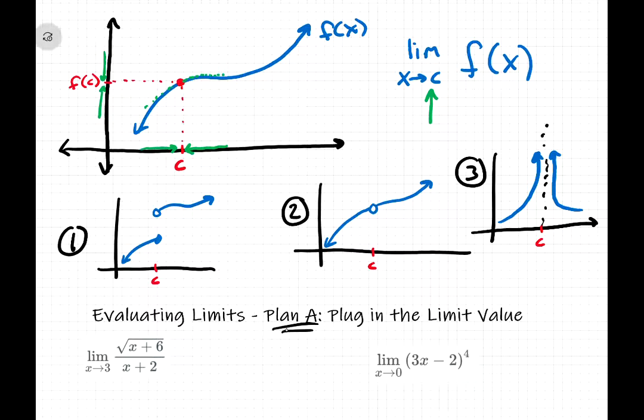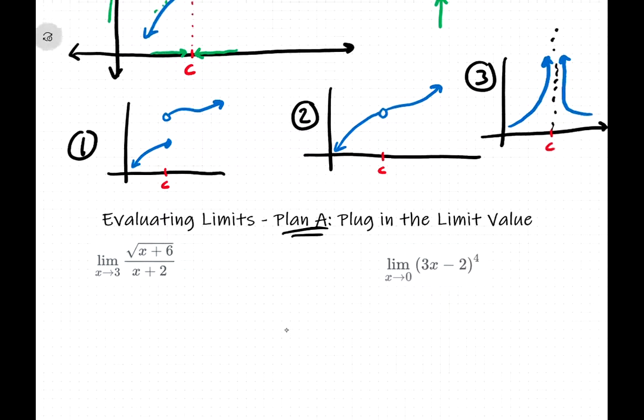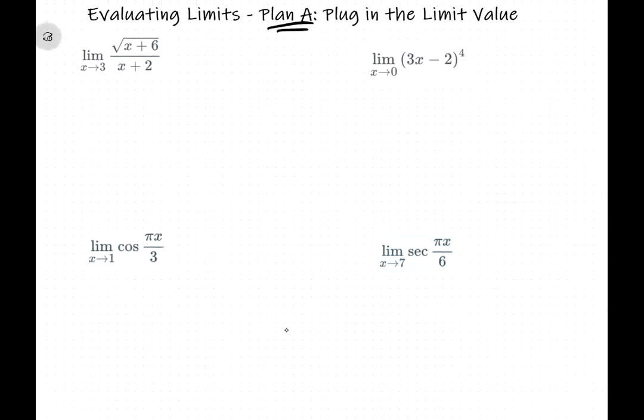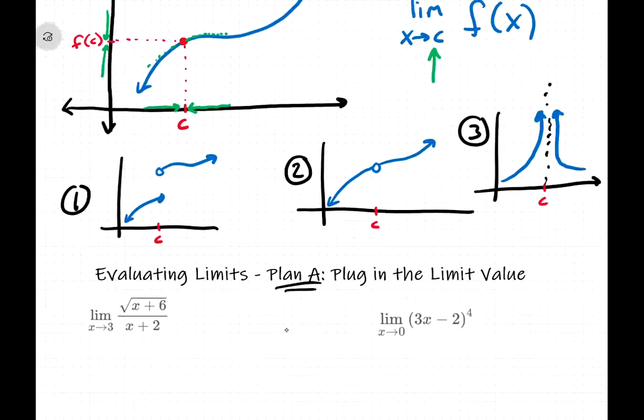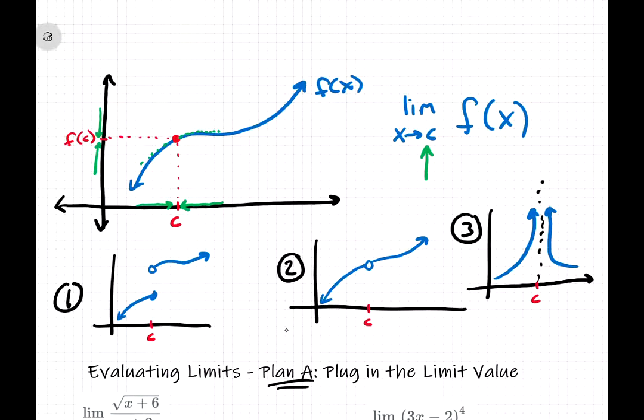So now let's dive into some problems. In this first set of problems, you don't have to know what the graph of the function looks like. I'm just using this as a way to visually explain when direct substitution does work and when it does not work.